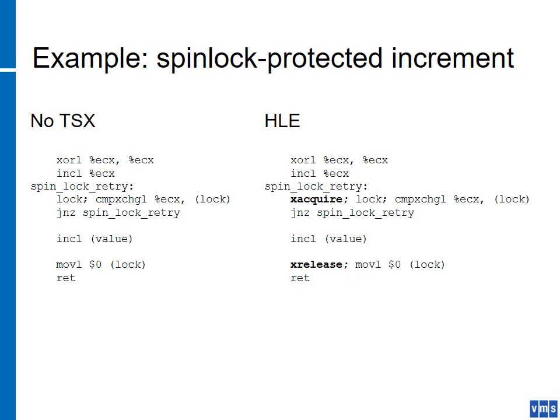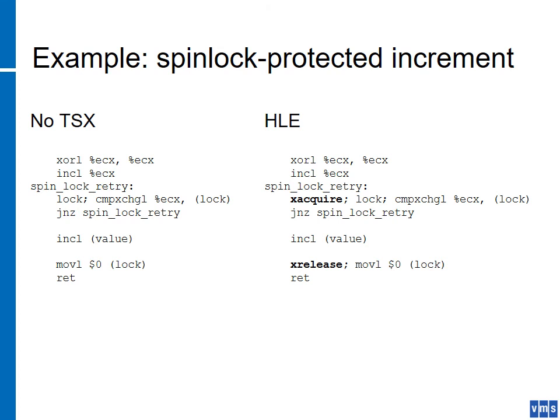Right. By keeping it only in the local CPU's cache line is the underlying mechanism. So the CPU sees whatever it's doing, but none of the other CPUs see it. But the CPU is keeping track of, I've touched this memory location, and I've touched this memory location.